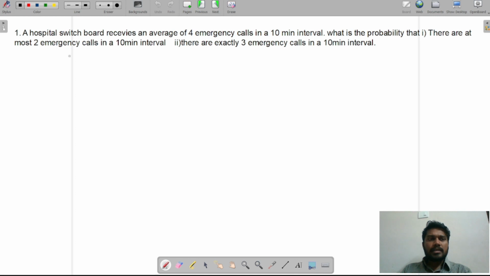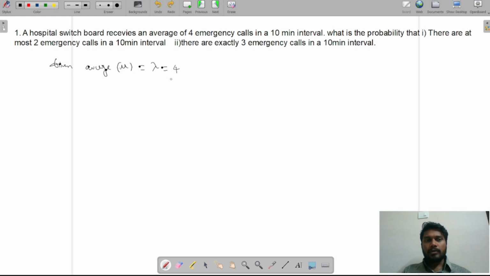A hospital switchboard receives an average of 4 emergency calls in a 10-minute interval. So can I say the question gives us the average? Yes. Given an average, can I say it is the mean? Yes. So nu equal to lambda in the Poisson distribution, and its value is given as 4.